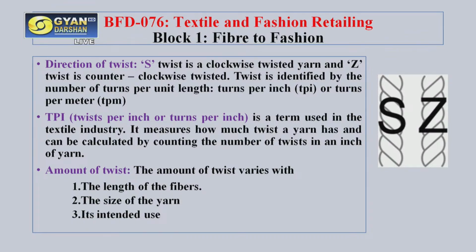And third, its intended use or end use, whether it is developed for apparel, for home furnishing, or for any industrial use. So it depends upon the end use of that particular fiber. This is the brief discussion we did on twist.